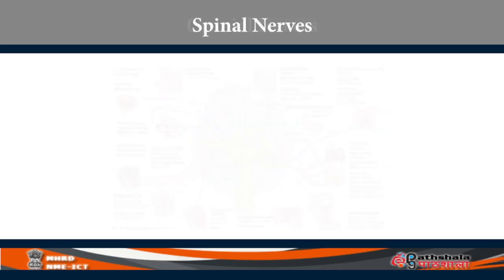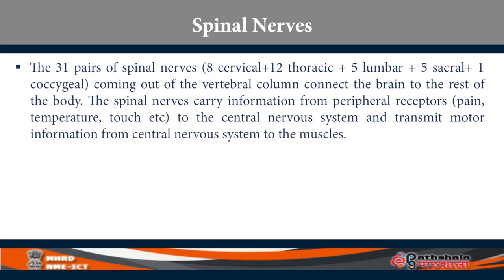Let's move on to spinal nerves. There are 31 pairs of spinal nerves. There are 8 cervical, just where the brain stops on your neck area, and then after the cervical vertebrae are over, you have 12 thoracic, 5 lumbar, 5 sacral and 1 coccygeal, the last one.